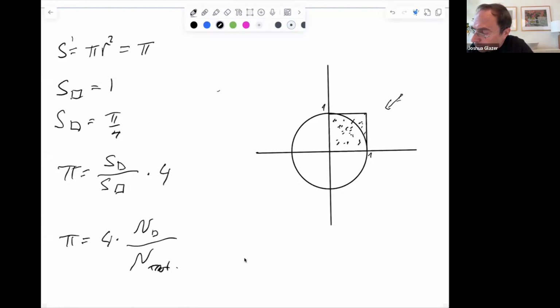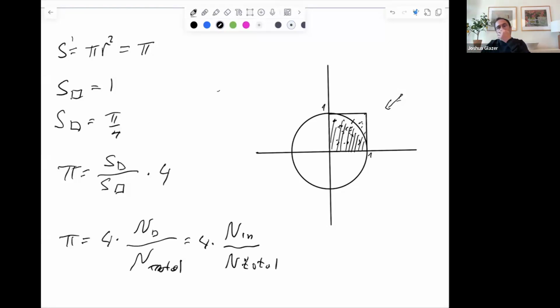over the total, sorry. So if we threw, let's say, 100,000 darts within the square, and then we only counted the ones that were in the quarter circle, we'll call this, let's do it simply, 4 times n in, the number of darts that went in the quarter circle, over n total.